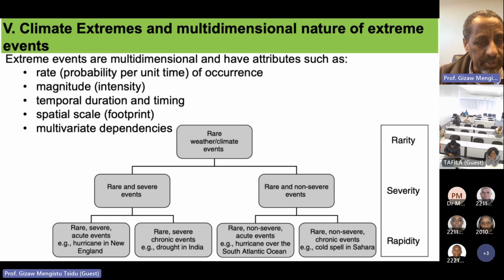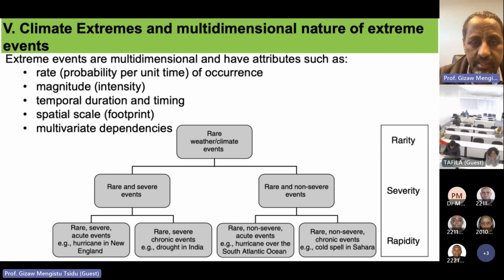We can go even beyond that. Is it a January event? Is it, let's say, a July event? You can really ask those questions, and you can use this information to uniquely characterize them from other extreme events. If you give a value for all of these, then you are able to define the extreme event uniquely from all other extreme events.